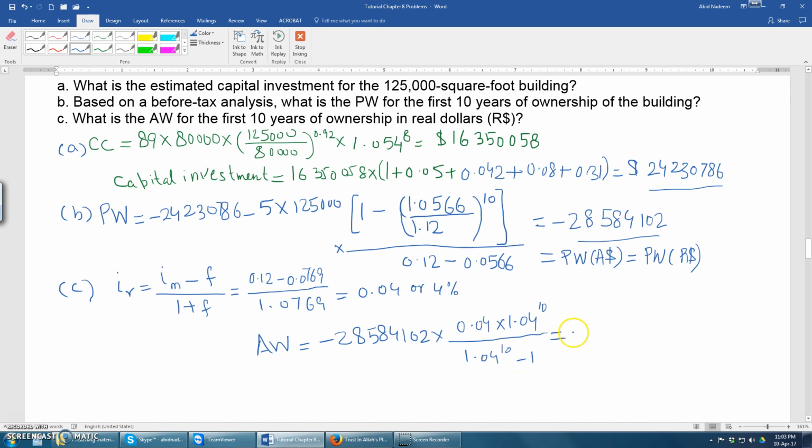This is equal to minus 3,524,000 and about 420. Again, your answer may be a little bit different, not much but a little bit, depending on how you do the calculations. So this is the annual worth of the costs.